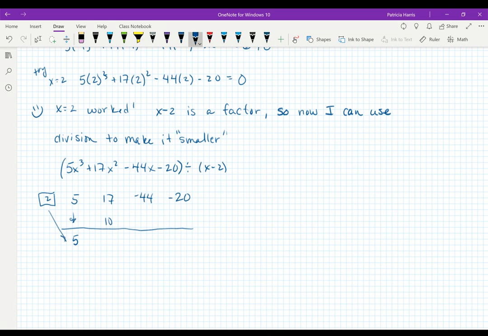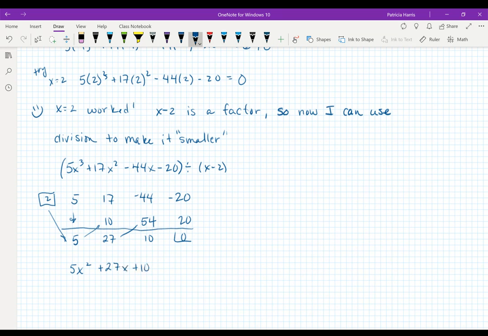Bring up the 10. 2 times 27 is 54. That's 10. 2 times 10 is 20. We got a 0. So now I have 5x squared plus 27x plus 10.